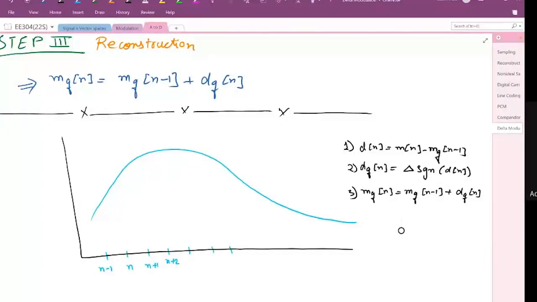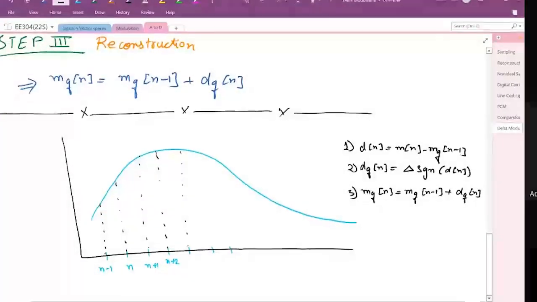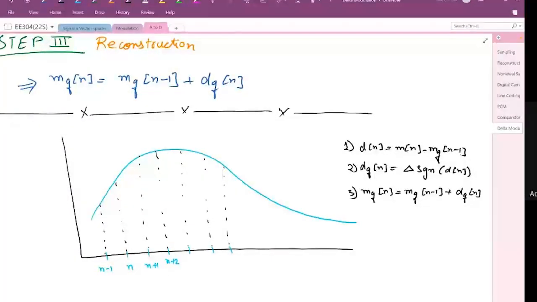So let us see an example. Let us construct this example and then see. If I check this at instant n, the first step is obtaining the difference between mn and mqn minus 1.